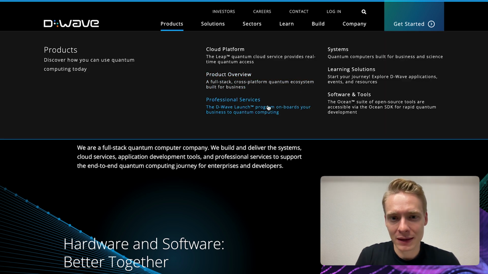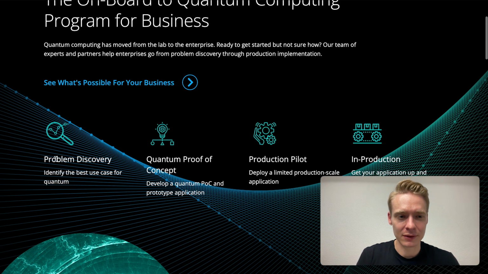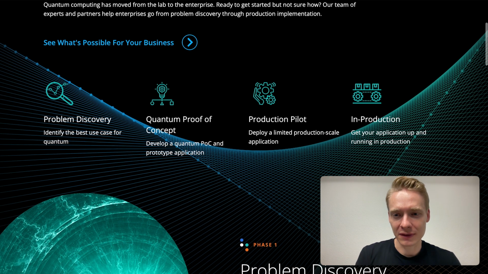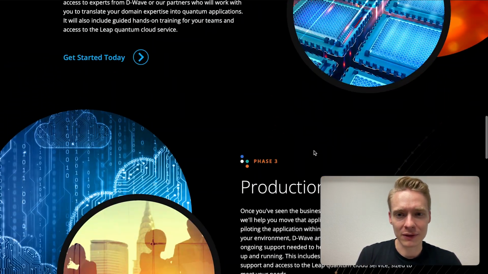Let's quickly check on the professional part. Yeah, you see here the problem solving, quantum proof of concept, product pilot, and then also in-production guidance, because as said before, they can even move you with these solutions into something that you can use in your production. You see the different stages here.